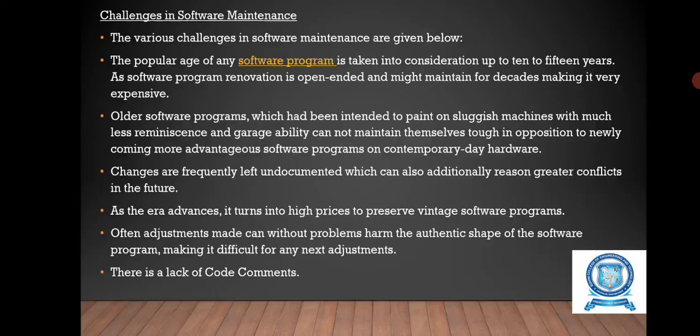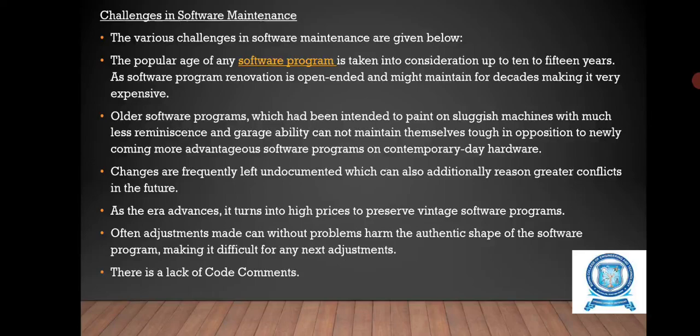Older software programs which were intended to work on slow machines with much less memory and storage capacity cannot hold themselves up against newly arriving, more advanced software programs. Changes are frequently left undocumented, which may cause more conflicts in the future. As the era advances, it becomes highly costly to preserve the old software programs.